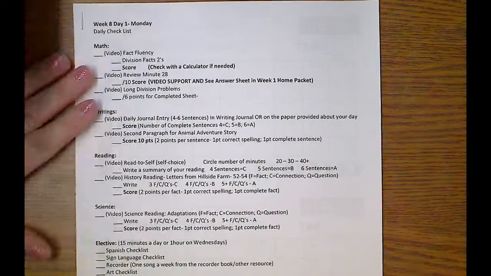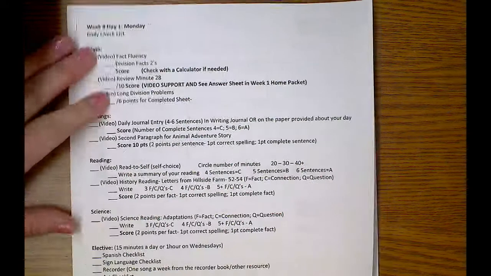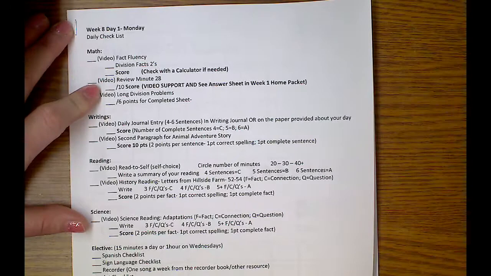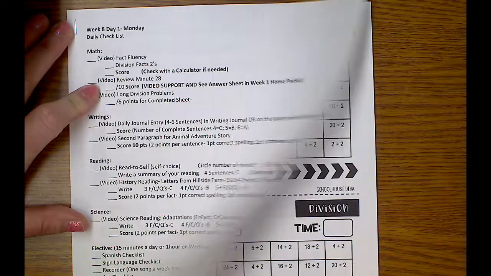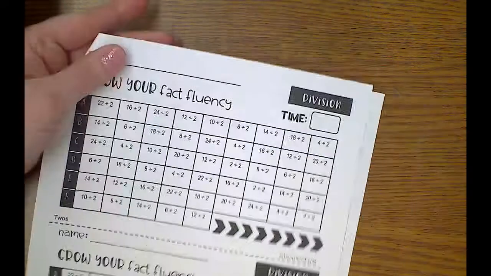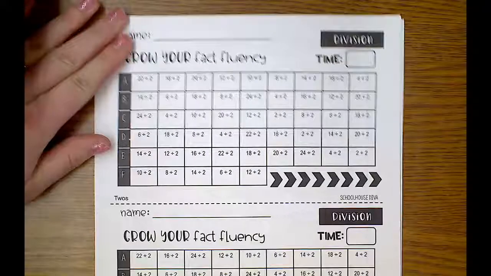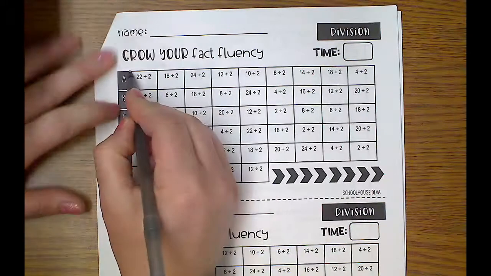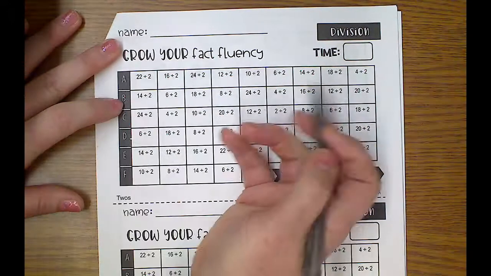So actually, this week, you guys are working on your fact fluency. I put in some division, and I have everybody working on division. You just need to do the top for sure. If you have extra time, you can practice. So I'm going to do the same thing that I did for my multiplication facts.